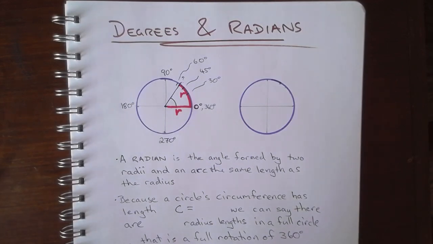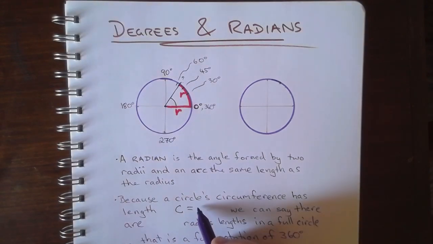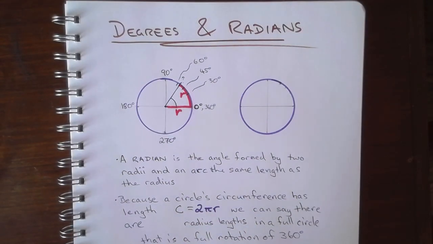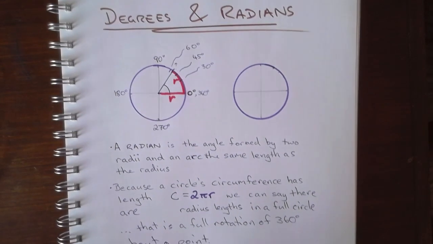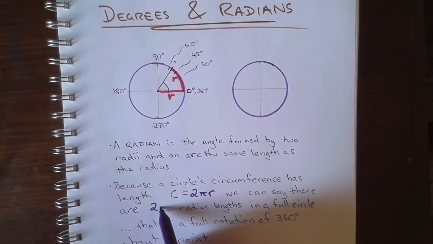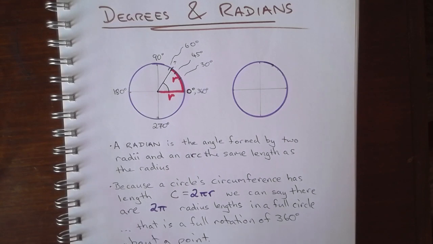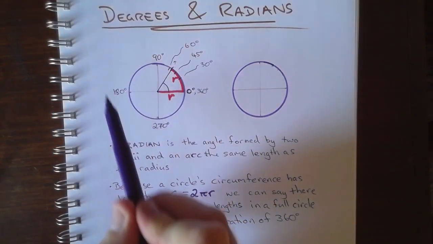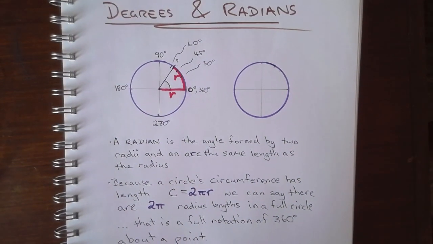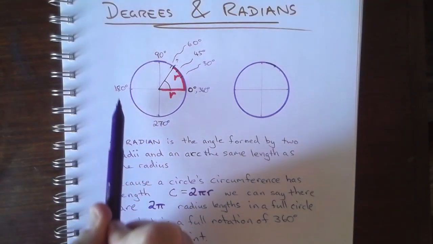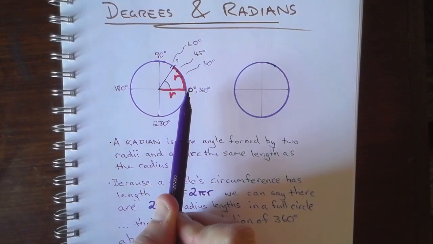Because a circle's circumference has a length given by the formula c equals 2 times pi times r, we can say that there are exactly 2 pi radius lengths in a full circle. In other words, in a full rotation around the circle, we'd have 2 pi multiplied by the length of the radius, or 2 pi radius lengths around there. This leads us to a statement of equivalence, because we know that going all the way around the circle is 360 degrees.